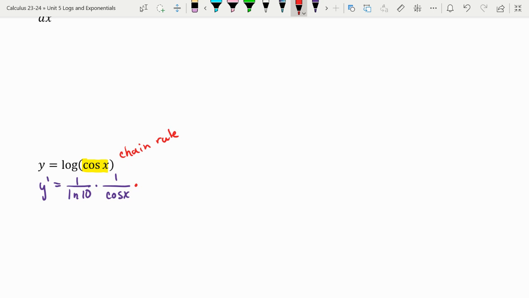So the derivative of cosine of x is negative sine of x. To keep it as a fraction, I'm going to write it over 1 so that I can then see I have negative sine of x over ln of 10 times cosine of x.